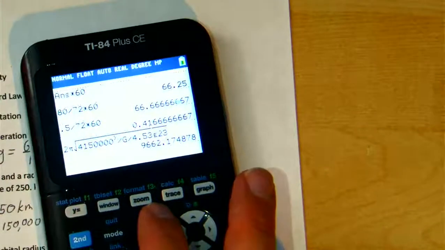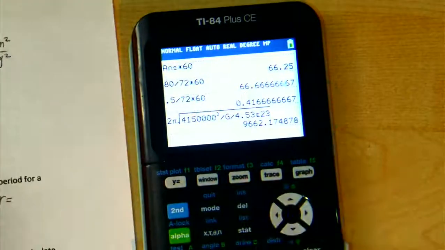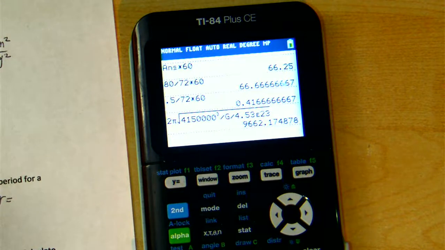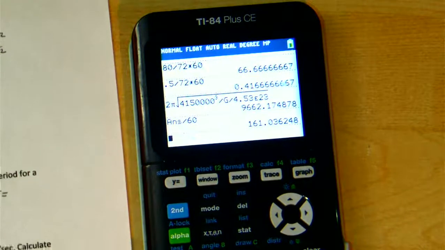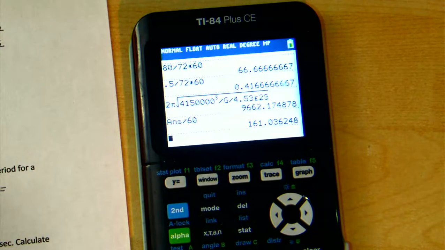And you probably can't see the display, but it says the period is 9,660 seconds, to 3 sig figs. And out of curiosity, if I divide that by 60, that corresponds to 161 minutes. So a little over 2 hours.